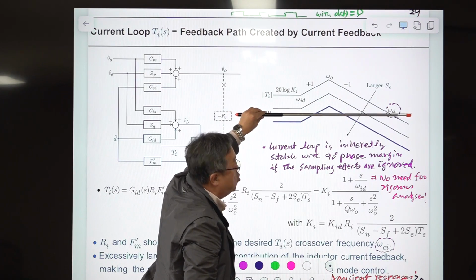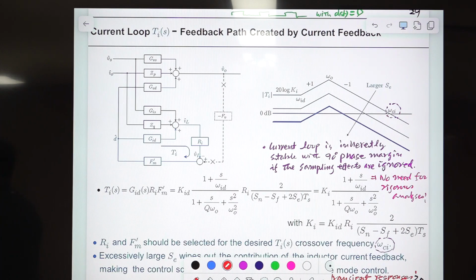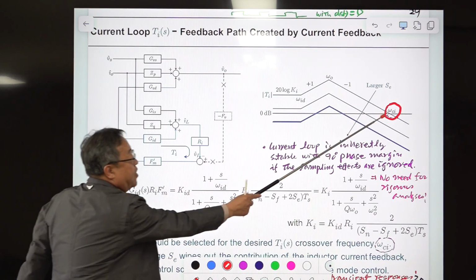It crosses the 0 dB frequency, and this is extremely important. The loop gain crossover frequency omega_ci is shown here. This is the most important parameter in current mode control. Later on, you will understand this. Designing the current mode control is selecting this one.